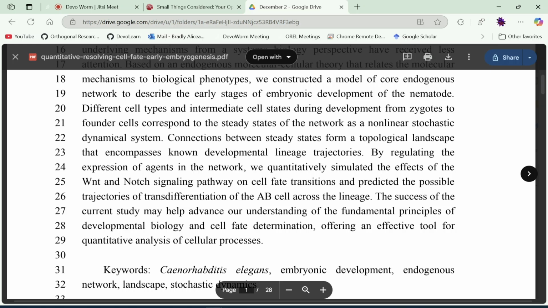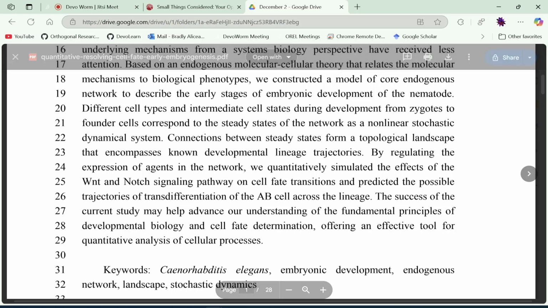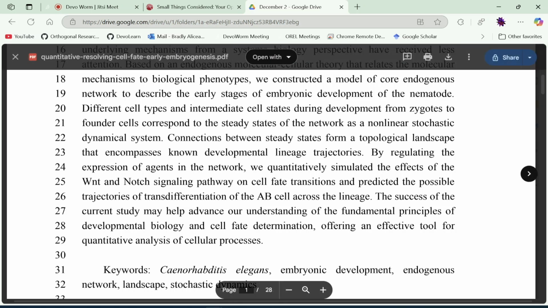By regulating the expression of agents in the network, we quantitatively simulated the effects of the Wnt signaling pathway on cell fate transitions and predicted the possible trajectories of transdifferentiation of the AB cell, which is one of these founder cells across the lineage.